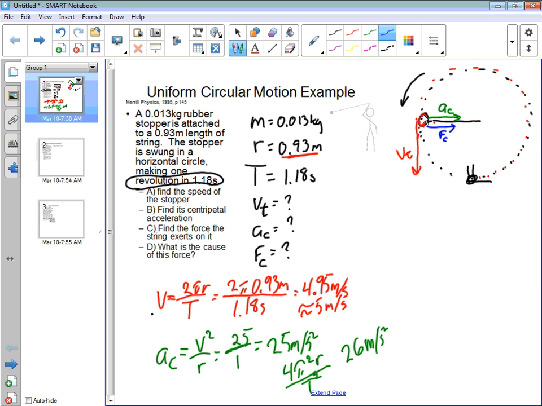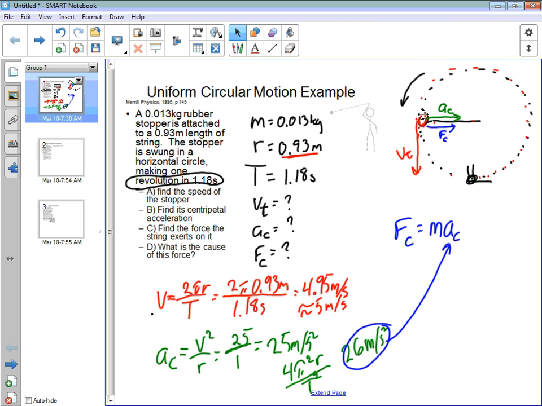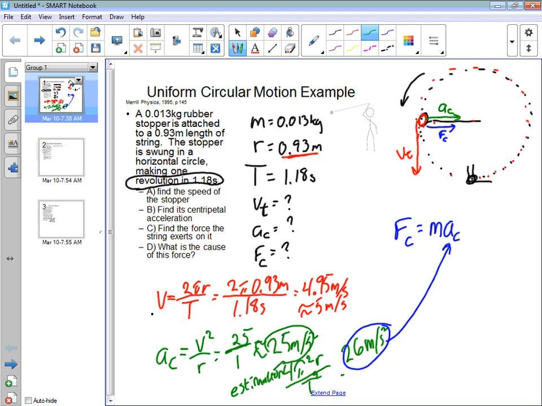And then part C, find the force. Well, that's pretty straightforward. F centripetal equals m a centripetal. All we got to do is take this and multiply it by the mass. Oh, I should have said this was an estimation. This one is the correct answer, just for clarification.